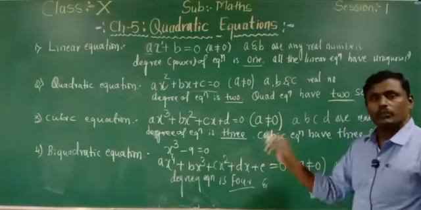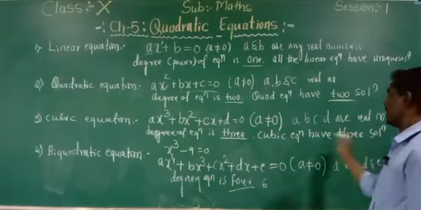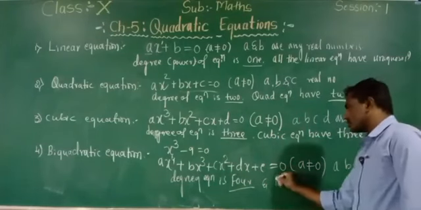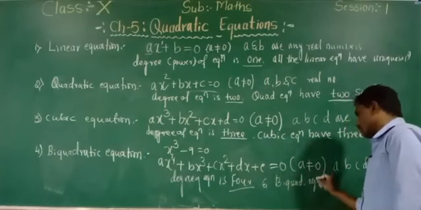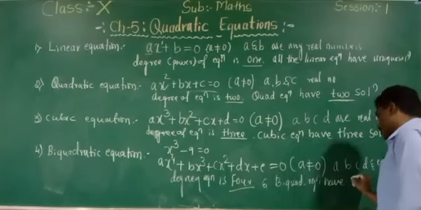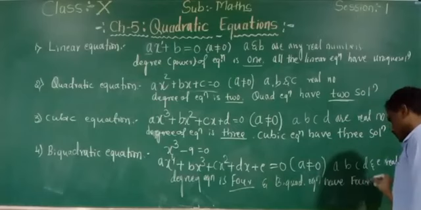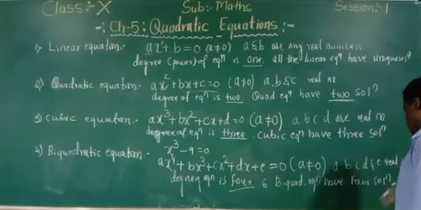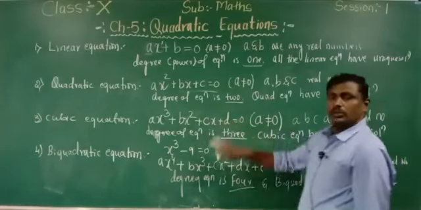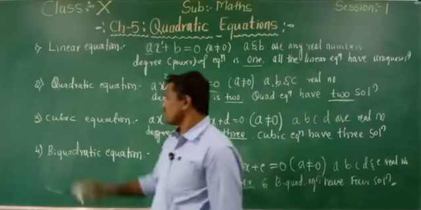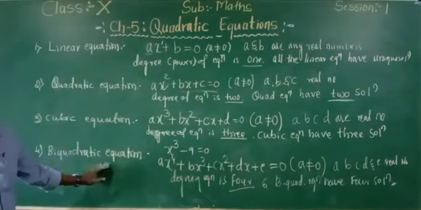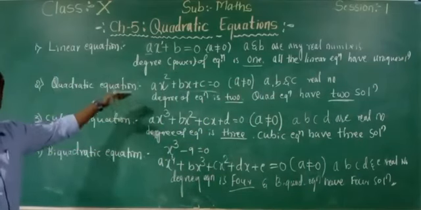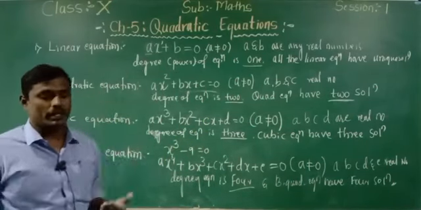Each and every biquadratic equation has 4 solutions. So in the higher classes we will learn these two, cubic and biquadratic. For your syllabus it is up to quadratic equations only.